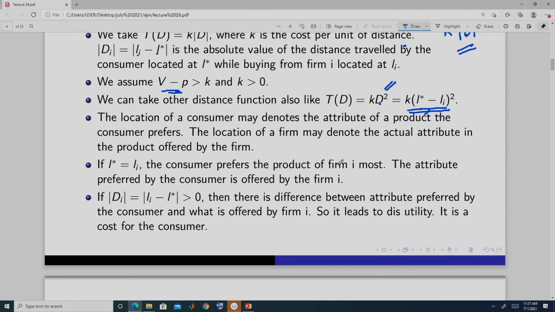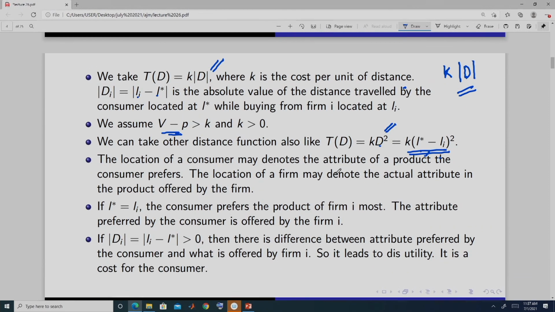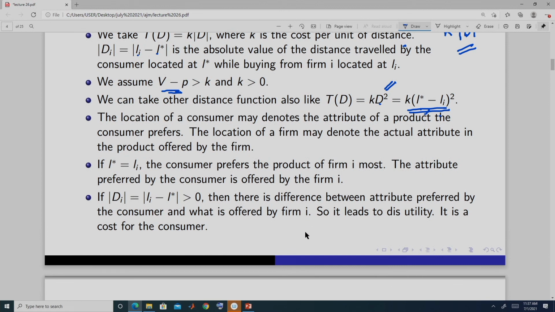But if you think in terms of attributes, there is another problem here, so we have to be very careful. If we are talking about this point as one attribute and this point as another attribute, we do not want to imply that the quality here is better than the quality here.